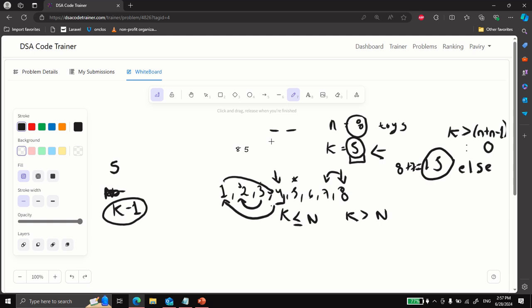At the end what we have to do is split this number by 2. This is the number of pairs that we're going to have. So this is going to be our solution when our k is lower or equal than our n.